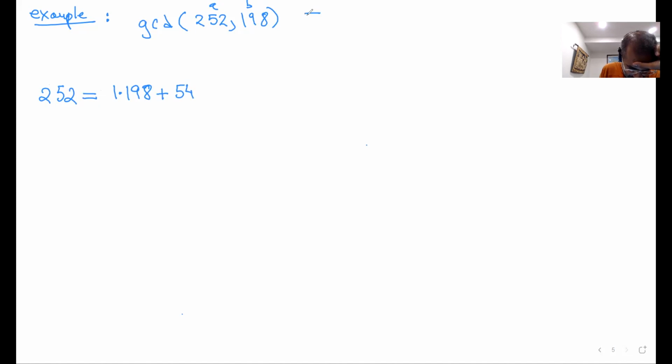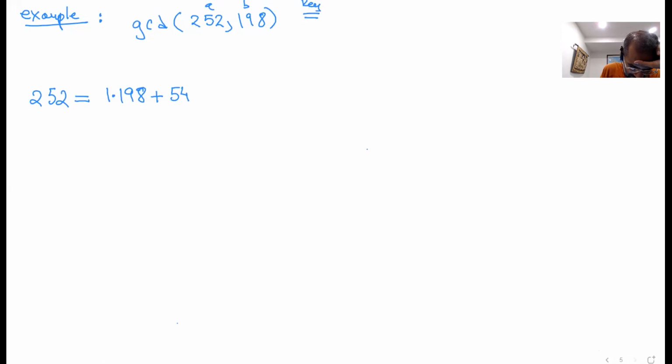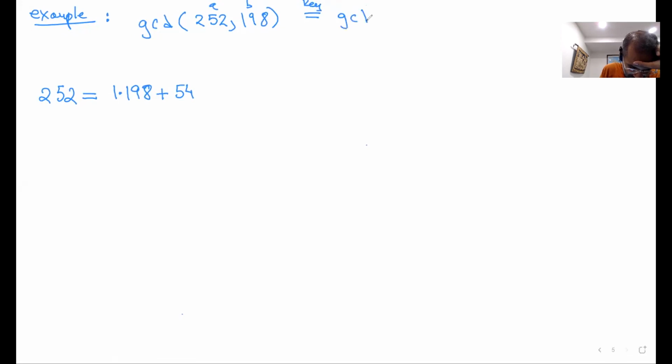So now the key observation is telling me that this GCD is equal to the GCD of 198 and 54. Now, why is this better than what I had before? Because it's smaller numbers.